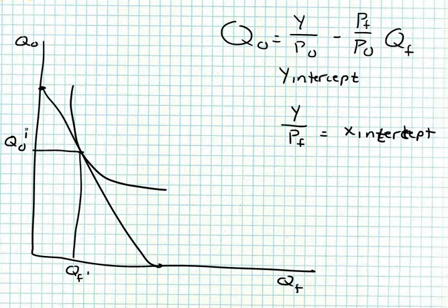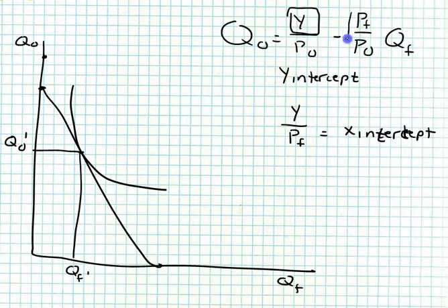When we're analyzing income effects, we look at what happens when we change income. Either we increase income or we decrease income. As we did in previous classes, we know that if we increase income, the y-intercept will increase because y over PO is a bigger number.